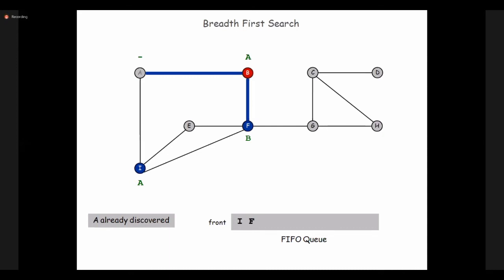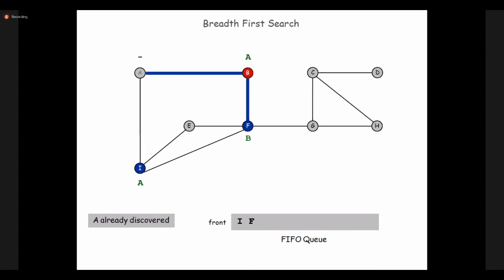I'm explaining: first we select one vertex and place it onto the queue. Then we remove that vertex from the queue and write the edges and vertices for it. For example, A: B and I I am placing onto the queue. When visiting the edges and vertices of A is completed, I remove one more item from the queue, that is B. After deleting B from the queue, write the edges and vertices of B, which are F and A. If a vertex is already visited, we are not inserting it again.